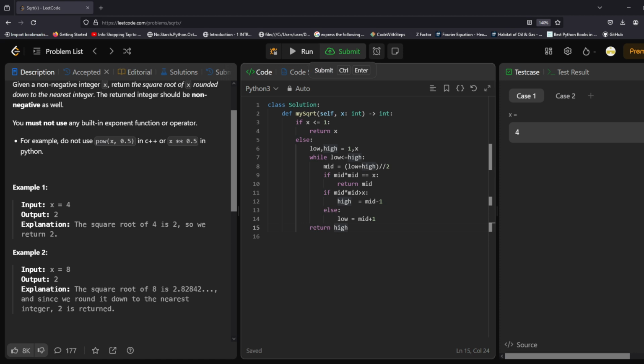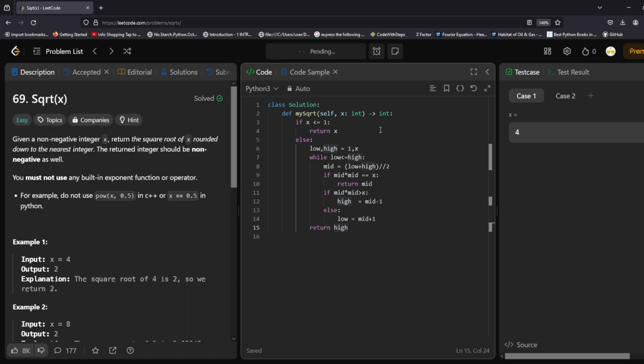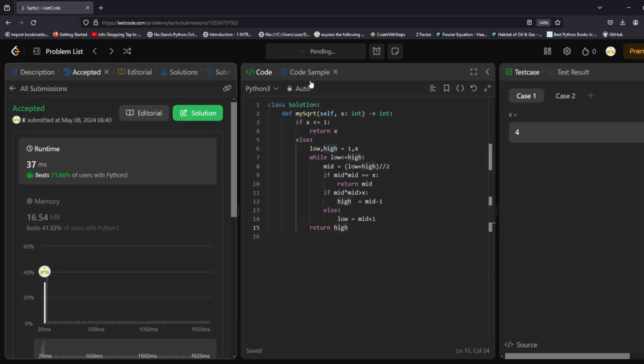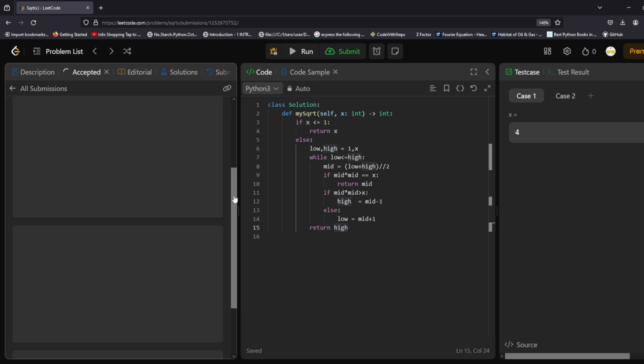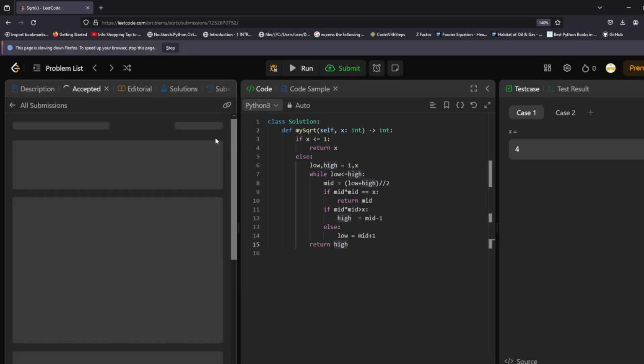Okay, we're connected, so resubmit. The network is a little bit slow, but it should work. The whole concept is reasonable.